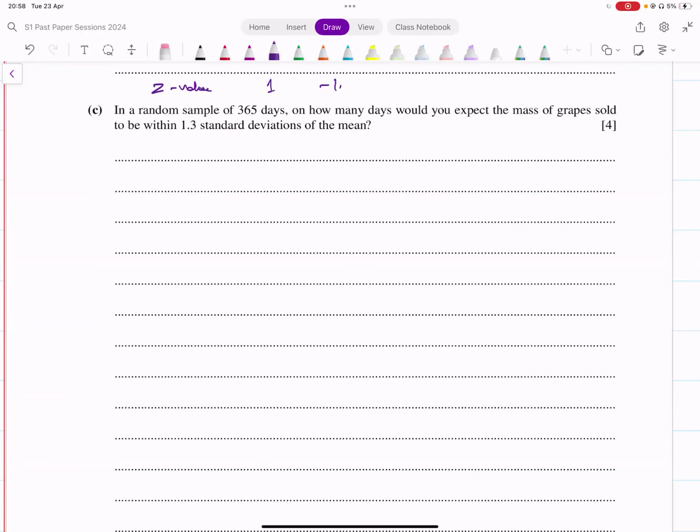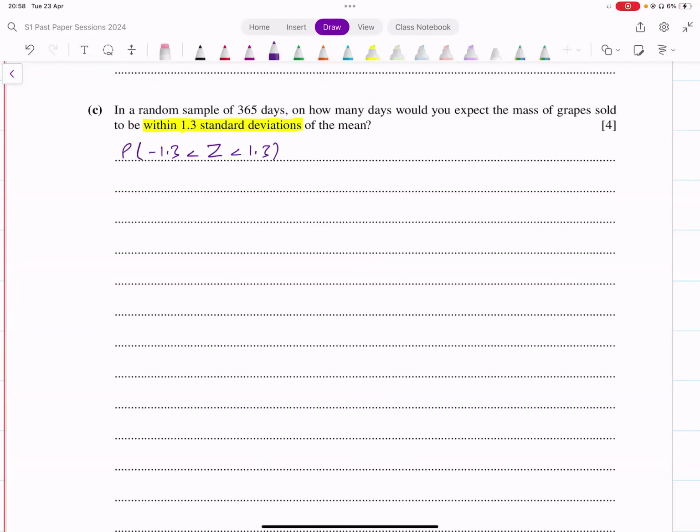If a Z value is minus 1.5, that means that data point is 1.5 standard deviations below the mean. So basically, you could write it directly like this. You could say within 1.3 standard deviations, this could be written as probability of Z between minus 1.3 and plus 1.3. That is what you want to calculate.